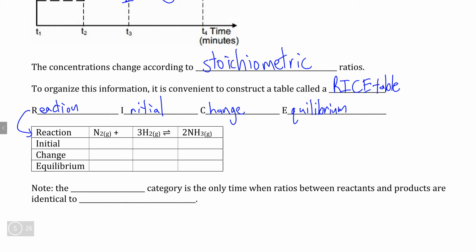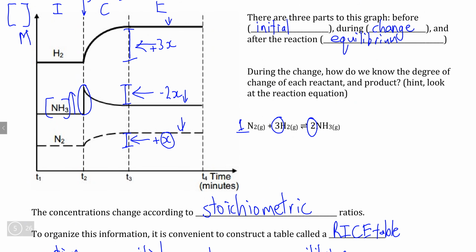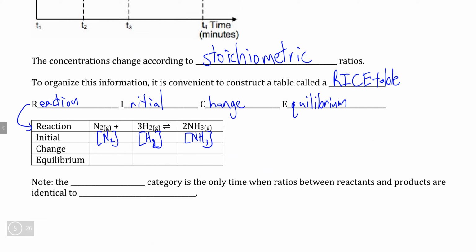Now, even if we don't know what the initial concentrations are, we can still algebraically figure out what all of them are going to be. So let's just write in a concentration placeholder here. And we know that each of the changes is going to occur based on the stoichiometric ratios, and if we know that a concentration increase of NH3 is going to push the reaction in the direction of the reactants, we know what the direction of each of the changes is going to be.